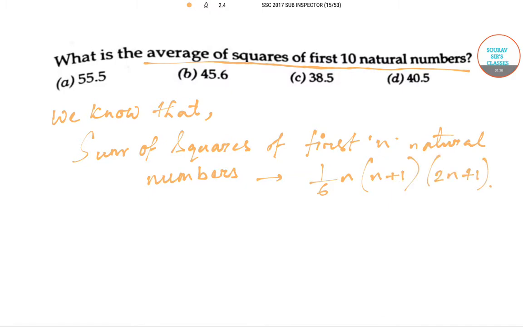So here instead of n we will put the value 10, because it's said in the question that the first 10 natural numbers. So here n is equal to 10.